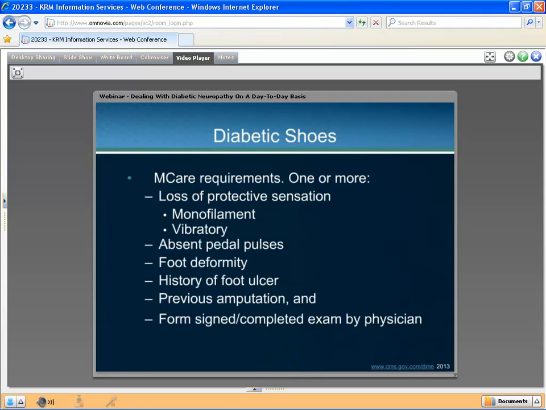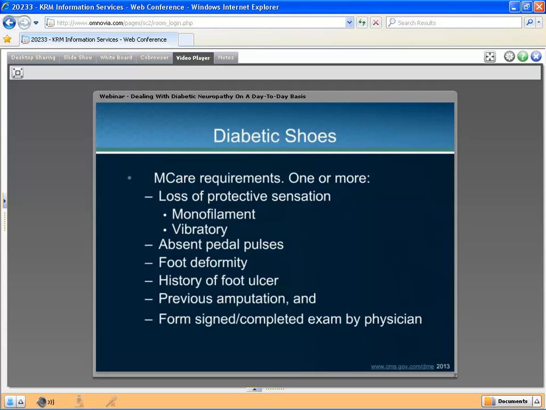So to be eligible for diabetic shoes, as we understand the rules, someone would have to have lost protective sensation, monofilament, vibratory, heavy calluses, or absent pedal pulses, or foot deformity, or history of foot ulcer or previous amputation. And the forms that would authorize the diabetic shoes have to be signed by a certifying physician. So the nurse practitioner, the podiatrist, we're finding are not able to officially authorize the diabetic shoes.